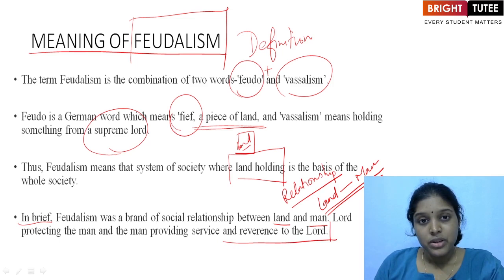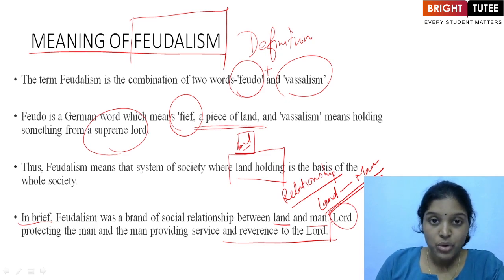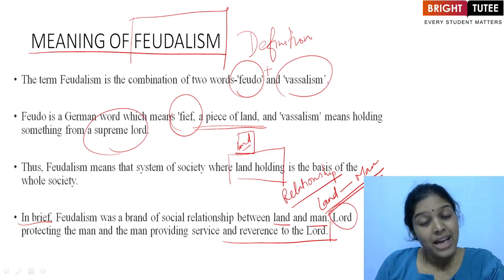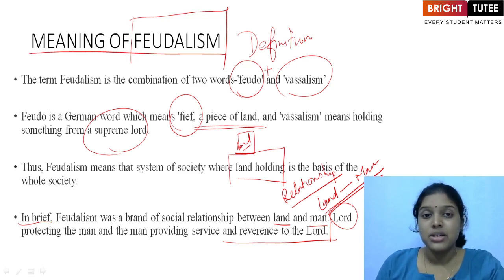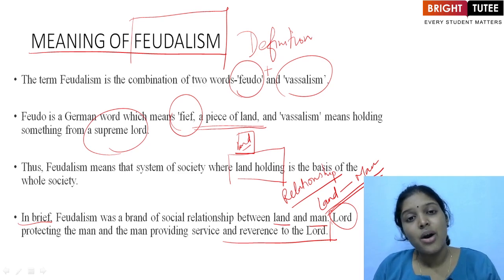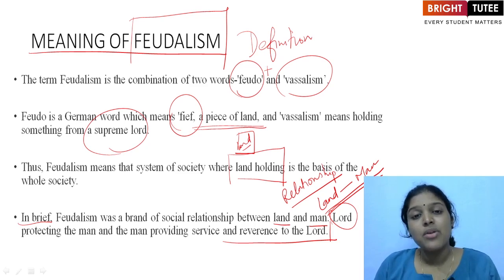So here the supreme owner of the land is called the Lord, and the one who holds the land of the Lord has to provide services to the Lord. And in return, the Lord will protect the person to whom he has given the land. This was how the social relationship was shaped in the feudal structure.